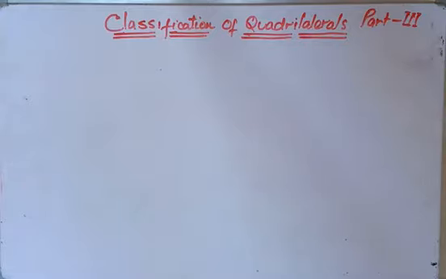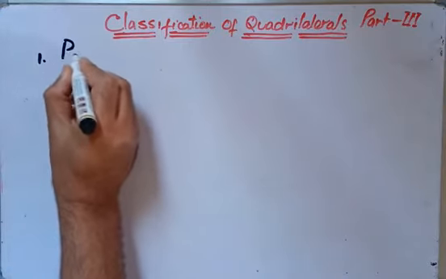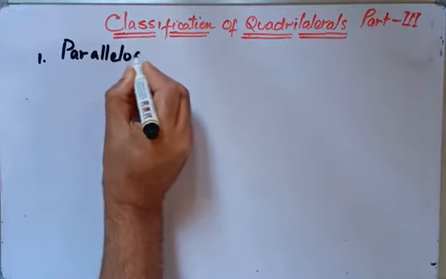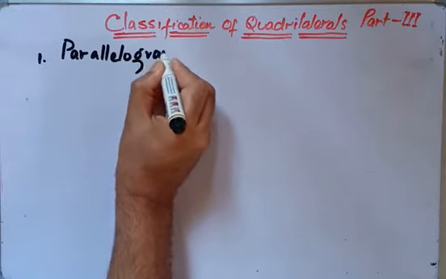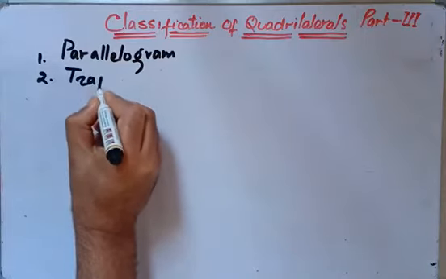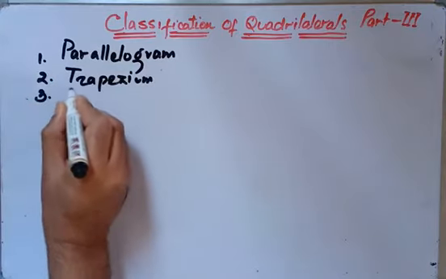We also talked about the properties of the square. So the three broad classes were: number one, parallelogram, number two, trapezium, and number three, kite.